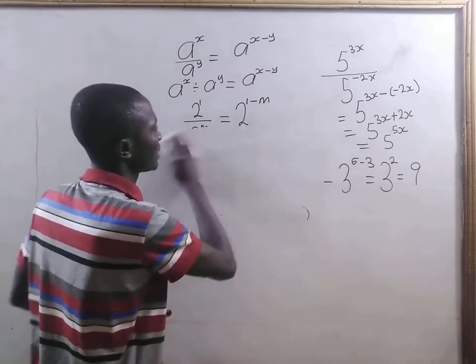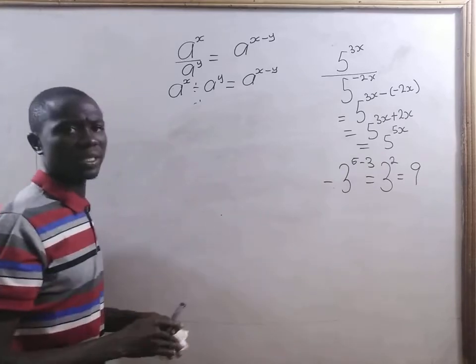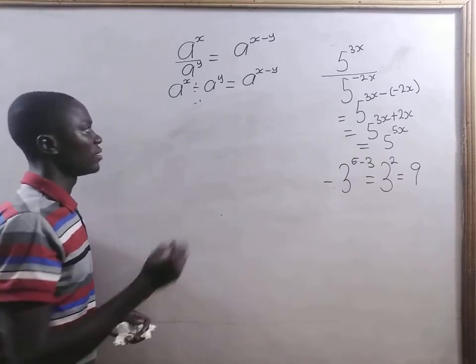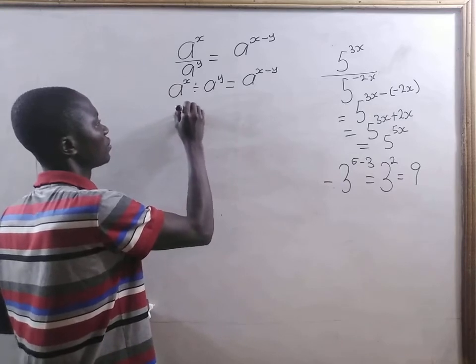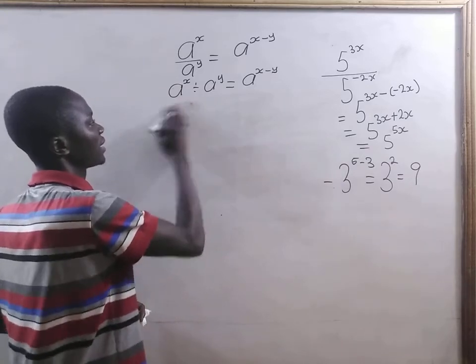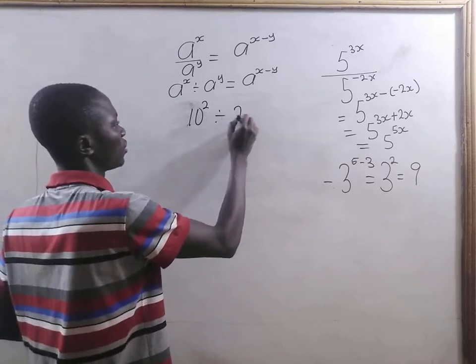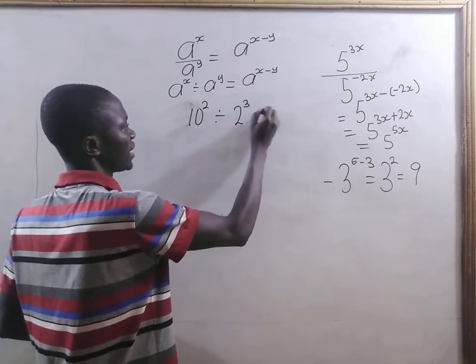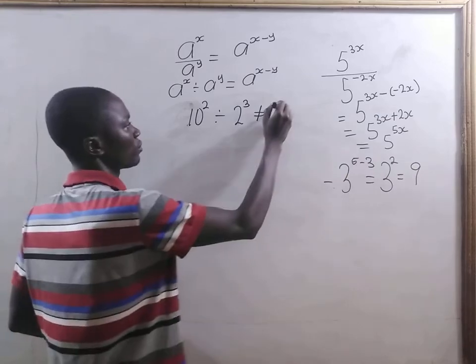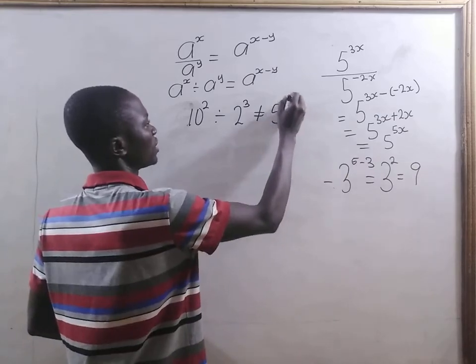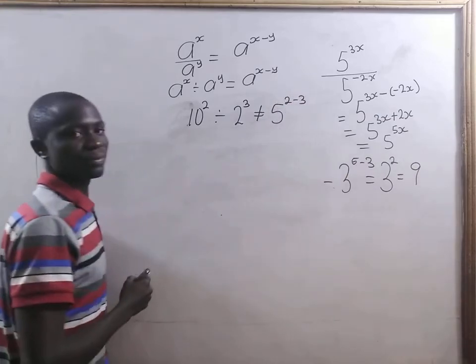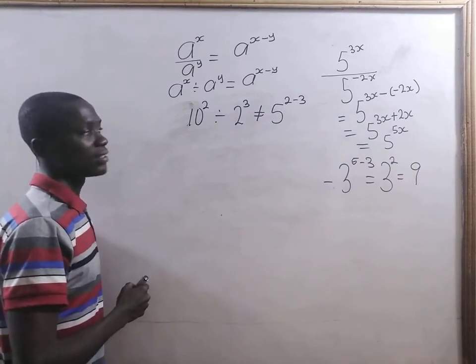The law states that if the numbers are written with the same base, so if I have, let's say, 10 exponent 2 divided by 2 exponent 3, it is not equal to 5 exponent 2 minus 3. Right?